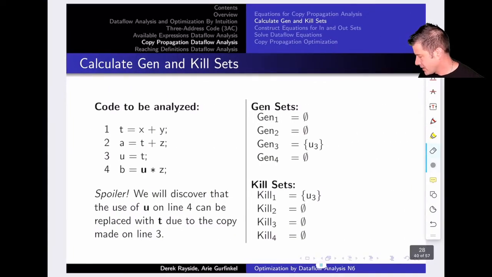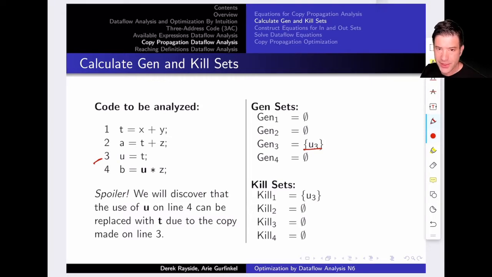So we need our gen and kill sets. Okay, so here we have only one copy being created, which is here. And so we have u as our copy. And because the variable u may be assigned multiple times, we need to separate which of them is a copy. So u is not always a copy of t.